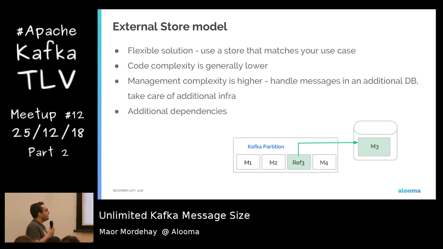But usually the complexity of the code will be lower, since most stores have SDKs for many different runtimes, and you can write compatible code for that. For example, we use consumers and producers in Python, Java, and Node, so we wanted to support all of those.